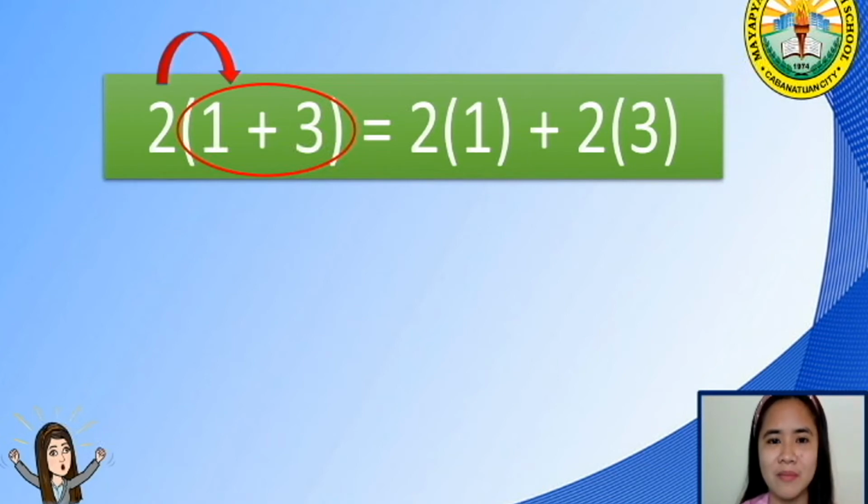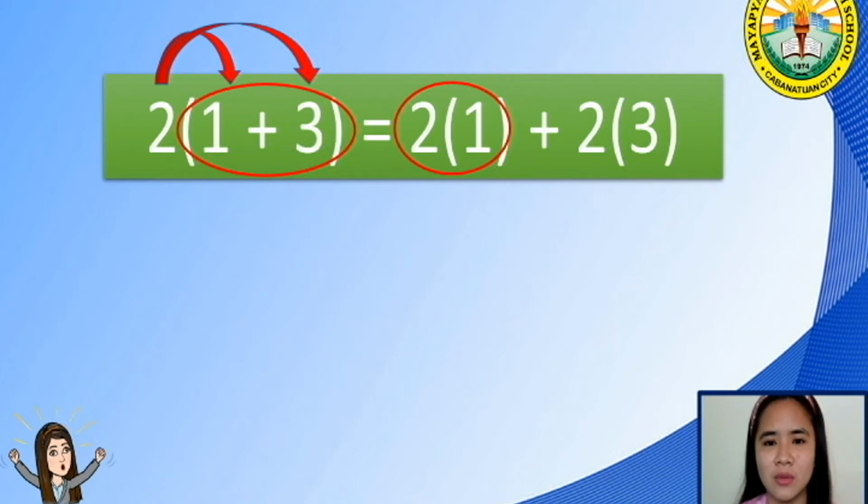Then multiply it by the first term inside the parentheses, which is 1. 2 multiplied by 1 is 2, plus we will distribute again 2 to the second term in the parentheses, which is 3. So we will have 2 multiplied by 3, which is equal to 6.